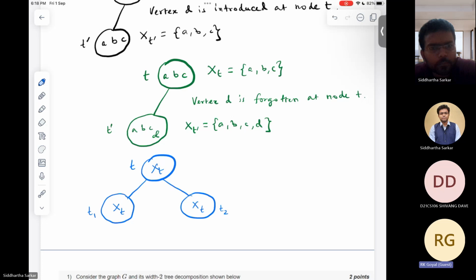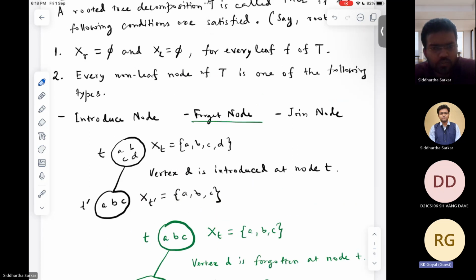So in case of the introduce node, what is the right name? Introduce node? The book says introduce. So D has been introduced at the node T, and it is not there in T dash. Can D appear somewhere else in the tree?